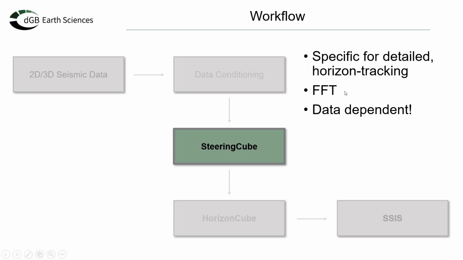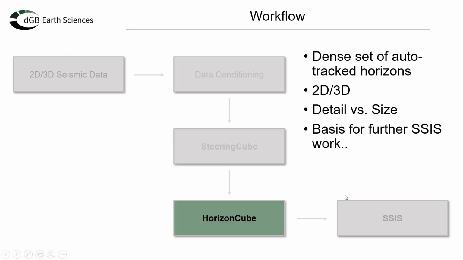This is of course very data dependent. You need to look at the data. Are we dealing with layer cake, flat geology, or are we dealing with high dips and so forth? And then we need to adjust the step-outs accordingly, according to the data. Once we have that SteeringCube, we can then go ahead and create the HorizonCube.